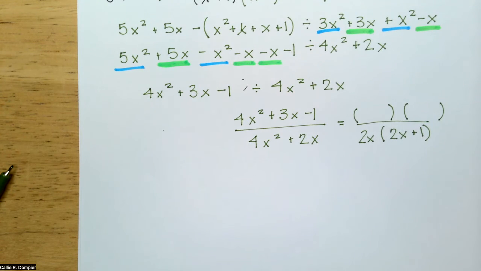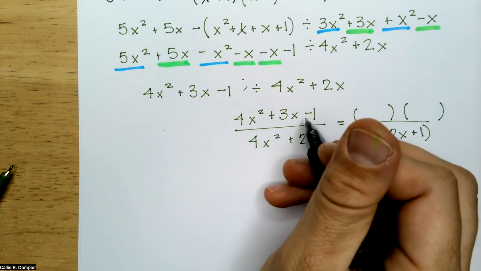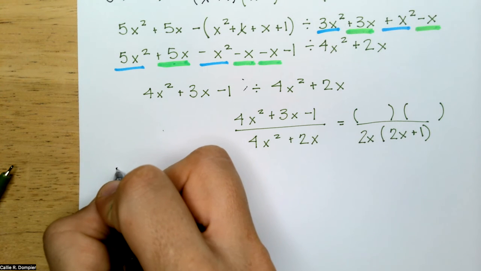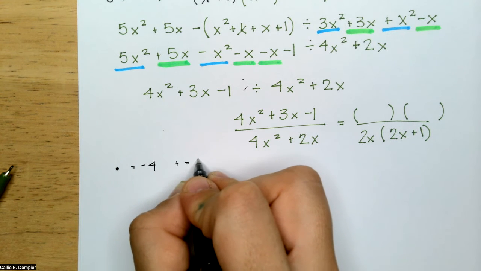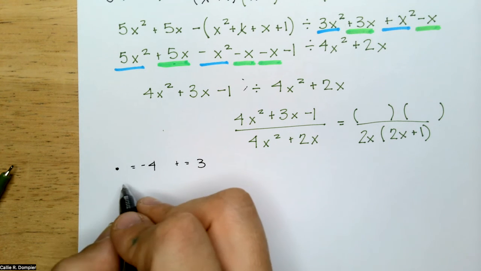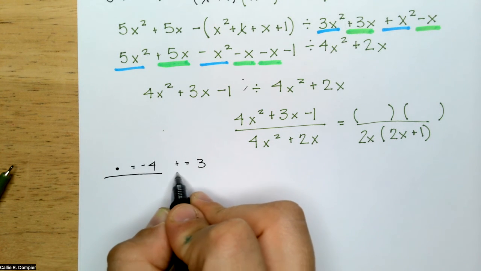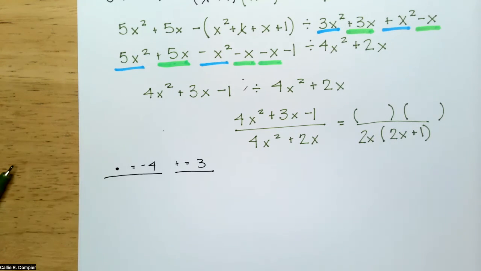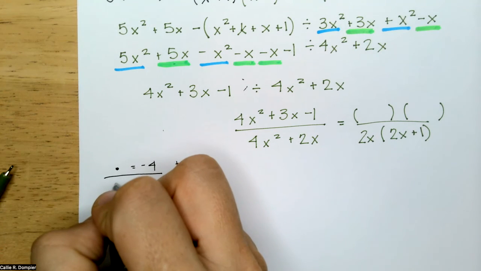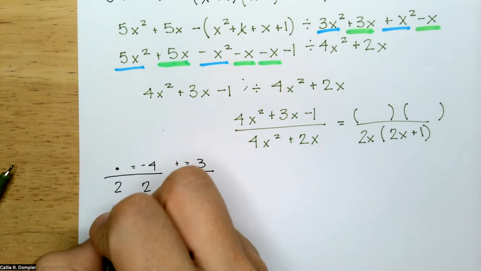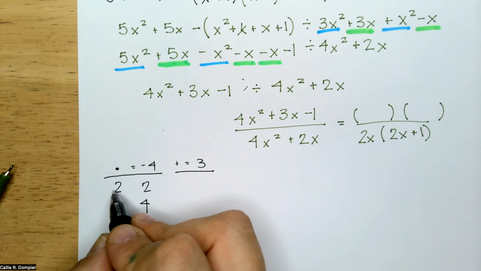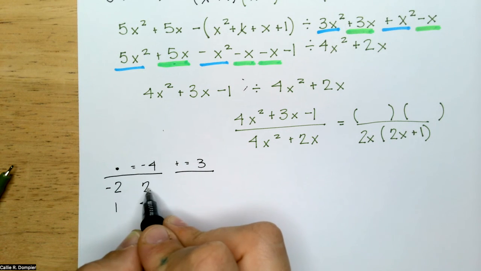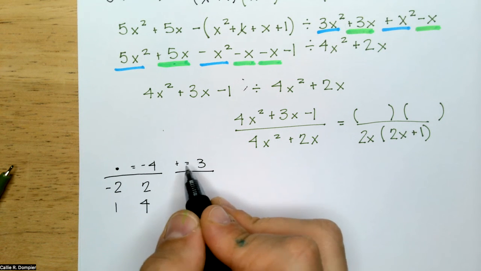So let's check. If I factor by grouping, 4x squared plus 3x minus 1, I need it to multiply to equal a negative 4 and add to equal a positive 3. Sorry about that. All right, so my factors are either 2 and 2 or 1 and 4. But it's a negative, so negative 2 and positive 2 would not add to a 3.